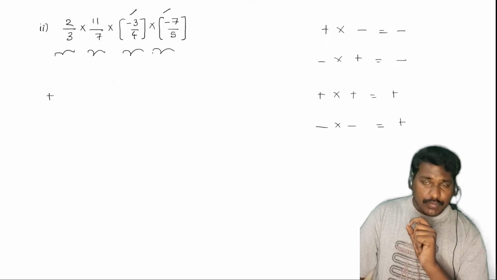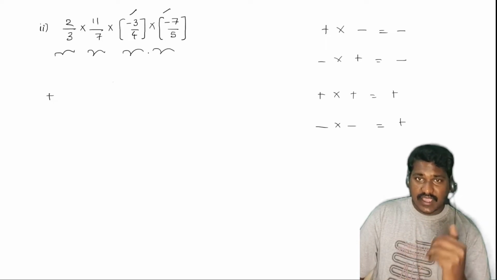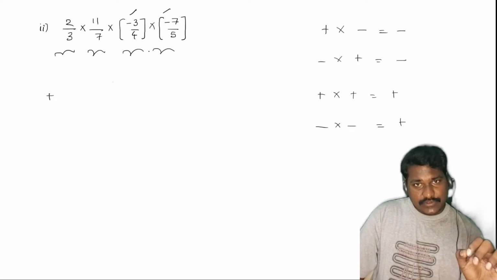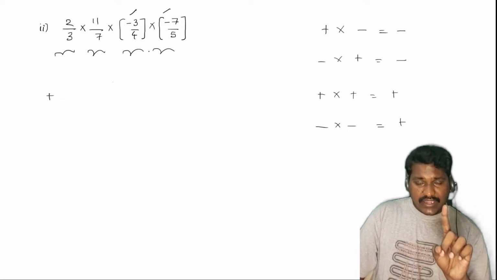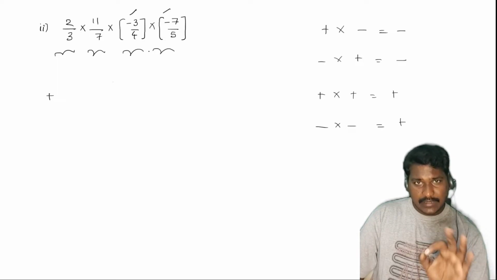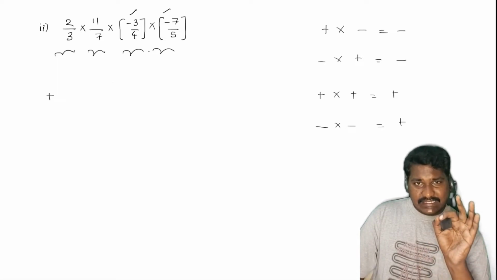We don't need to bother about whether the denominators are equal or the same. No need to bother about the LCM also. Remember, when fractions are under multiplication, don't bother about the denominators and don't bother about LCM. It is as simple as that.